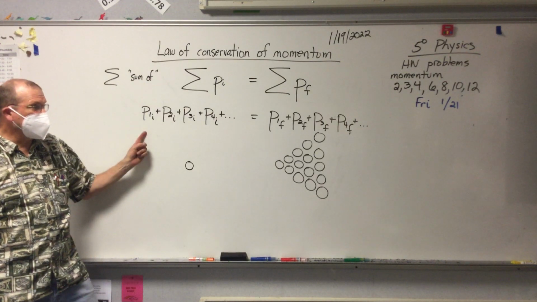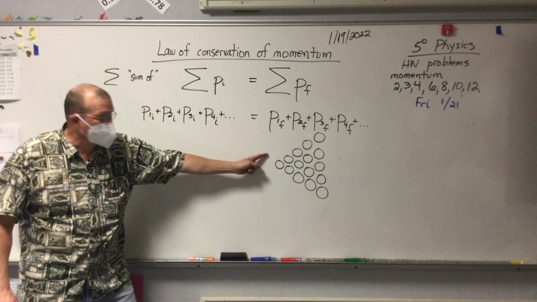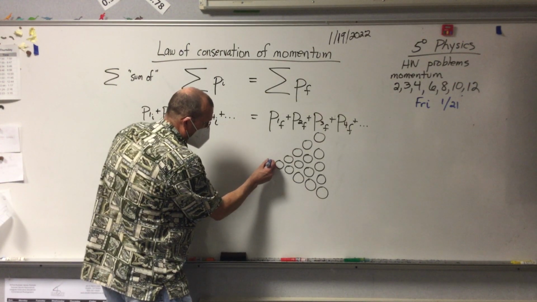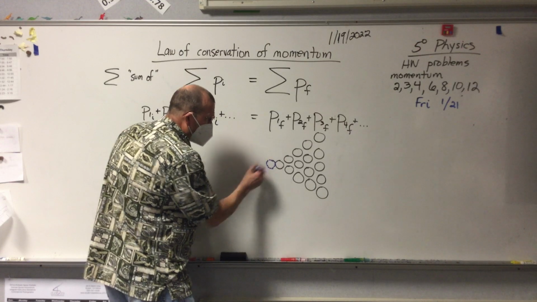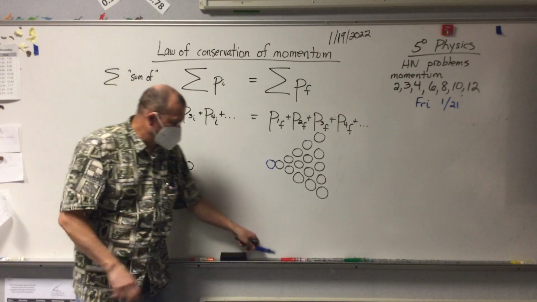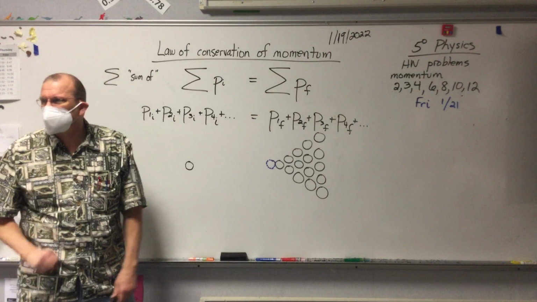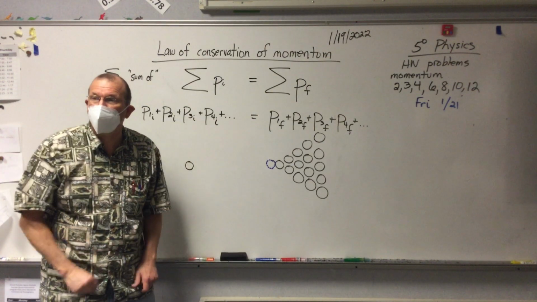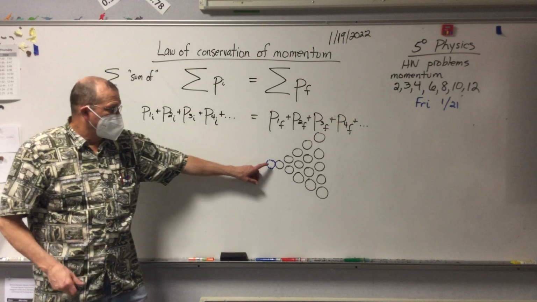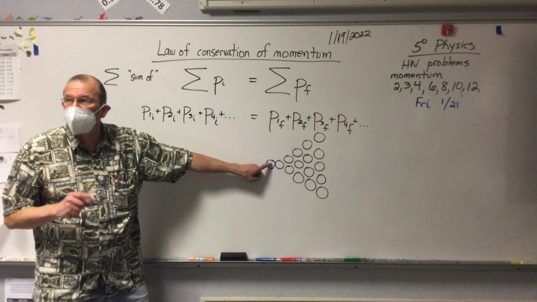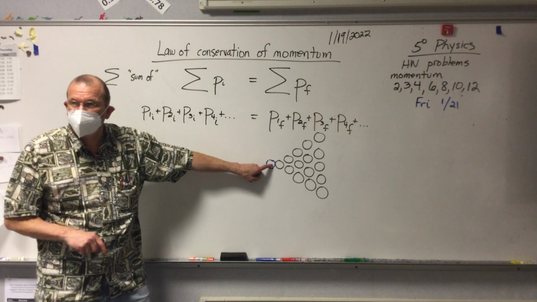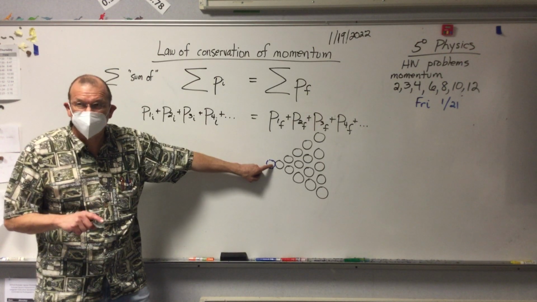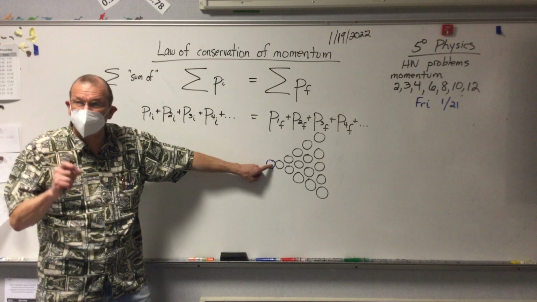Now, when the cue ball comes down here, I'm going to do this in a different color. The cue ball gets here. Let's keep it simple. Let's pretend that the cue ball comes to rest because it hits the racked balls. How much momentum will the cue ball have then after the collision, if it comes to rest? 0.